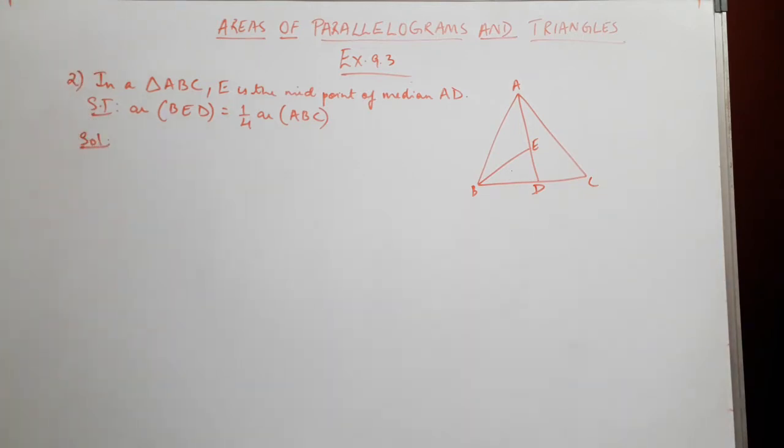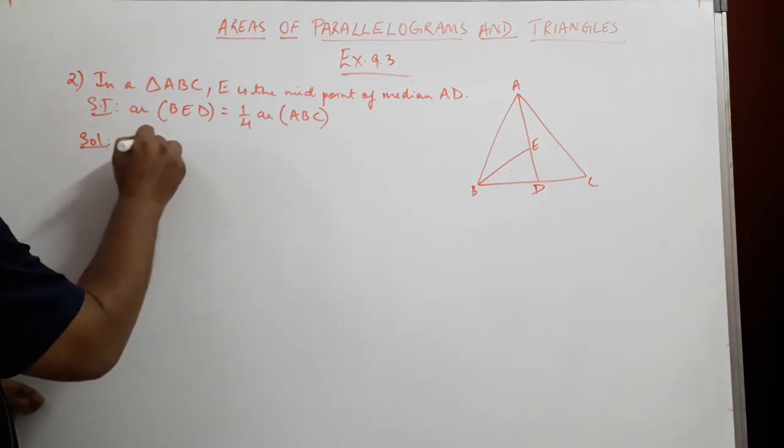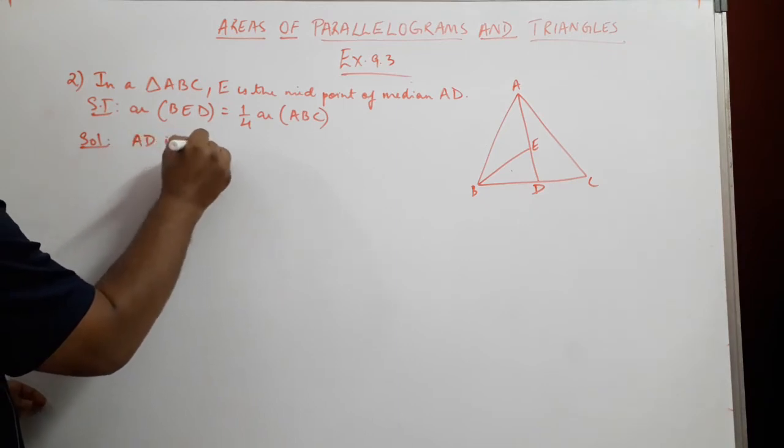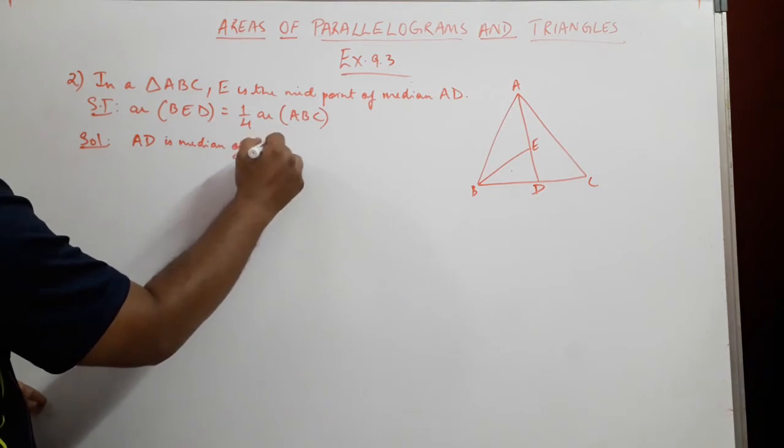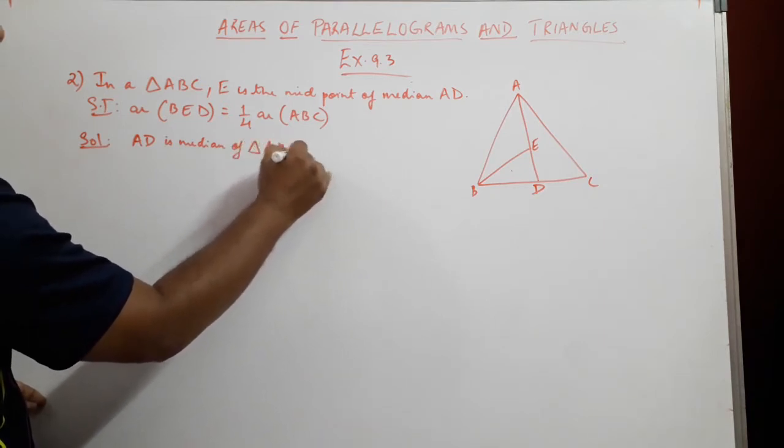Okay, so let's begin with what we have been given. We have been given that AD is the median of ABC. AD is median of triangle ABC.